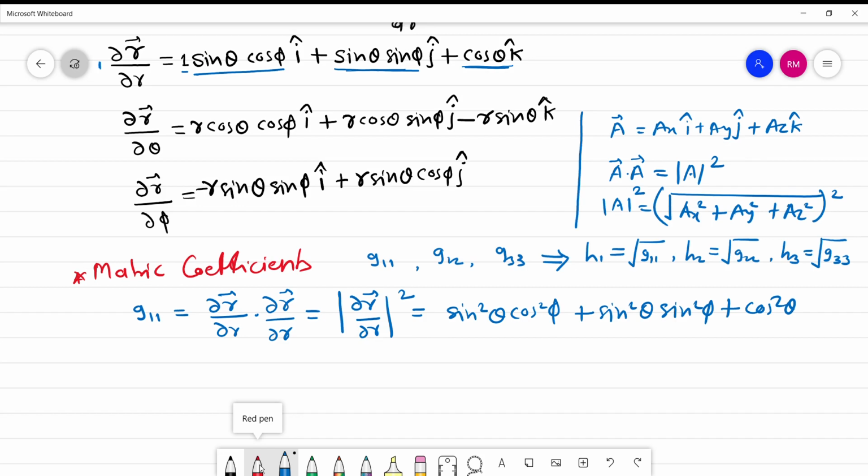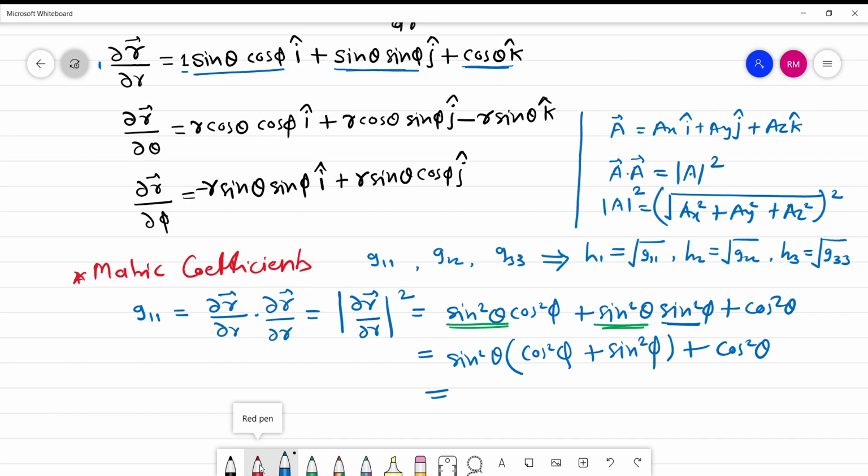Okay, so what I see here, in the first and second terms, sine square theta and sine square theta are common, so I can take them out. So that will look like sine square theta, I am taking them common, and there is cos square phi plus sine square phi, right? And there is a third term which is cos square theta.